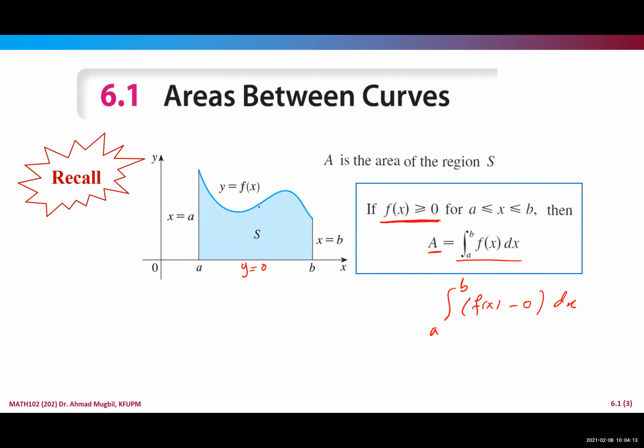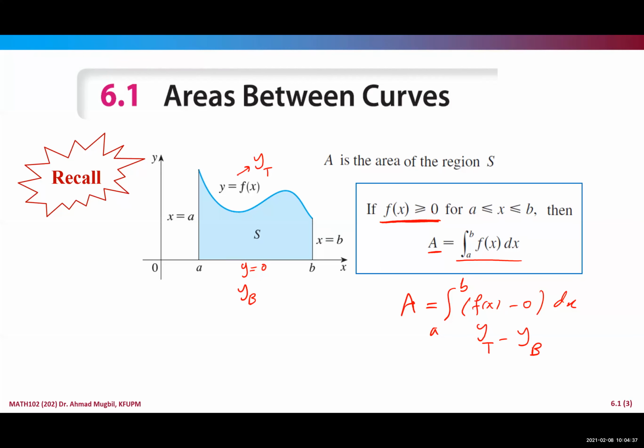So it is just the upper curve. Let's call this one y top, and this is y bottom. So the upper curve minus the lower curve. If you know who is upper, who is lower, you can of course integrate, and this will be exactly the area. You will guarantee that this will be positive because here f is greater than 0.